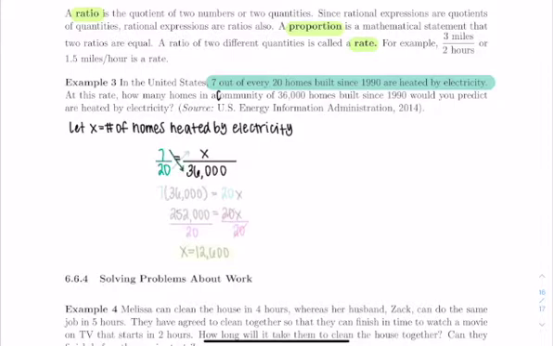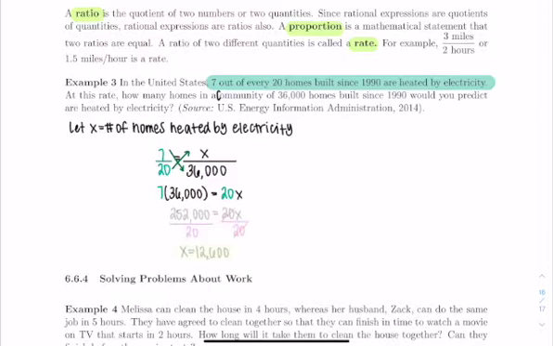So 7 times 36,000 and 20 times x. So 7 times 36,000 is equal to 20 times x, or just 20x.